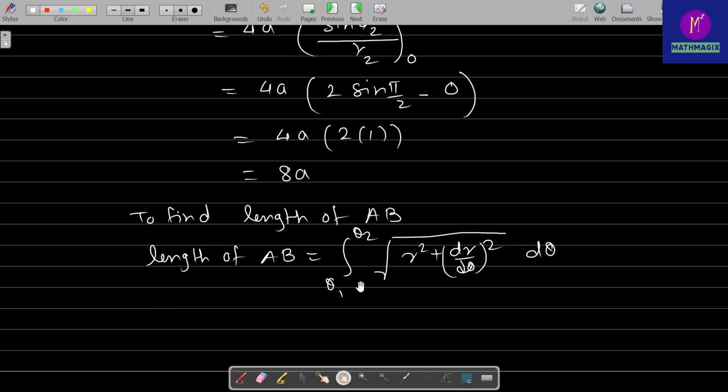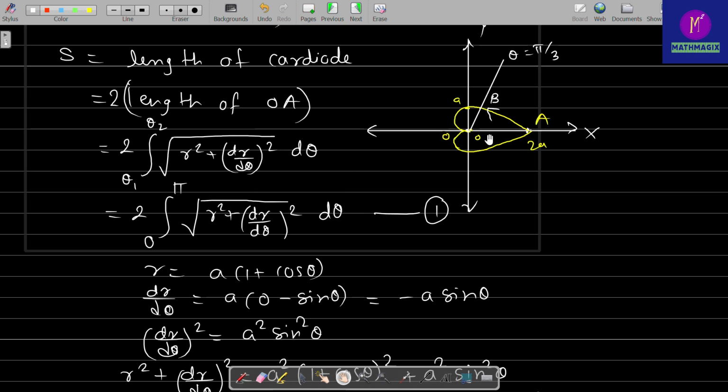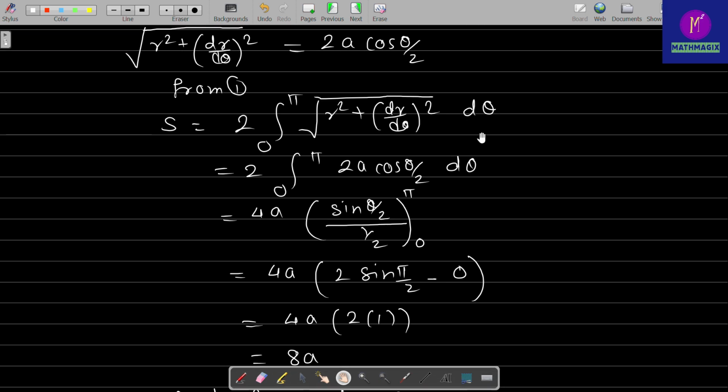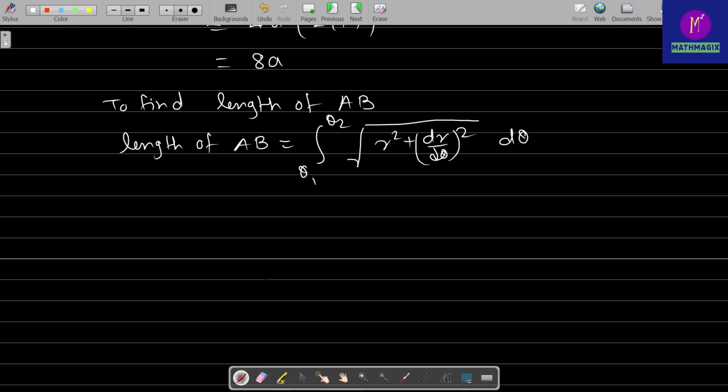So we need to just write down here the limits of theta properly. We have to see where these points A and B are lying. Clearly A is lying on the positive x-axis and B is lying on this line whose angle with the positive x-axis is pi by 3. As A is lying on the positive x-axis, the angle will be 0, and the angle of the line passing through B is pi by 3. So here the limits of theta are 0 to pi by 3.